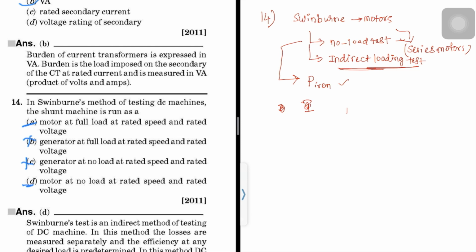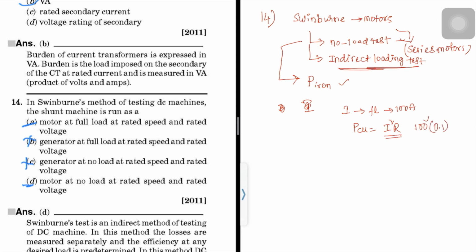Suppose mathematically I assume that my current at full load is 100 amps. Then I can calculate the copper loss by the I squared R formula, like 100 squared into the winding resistance.